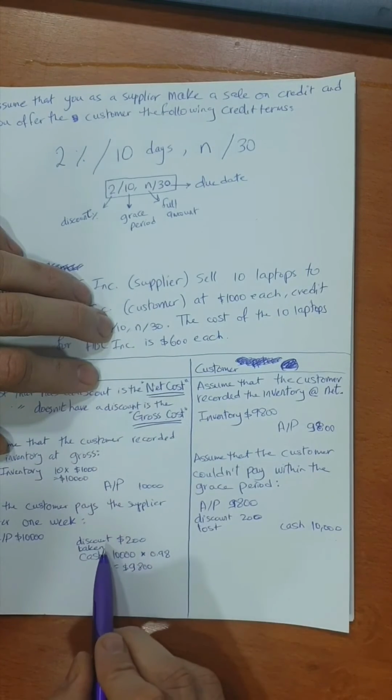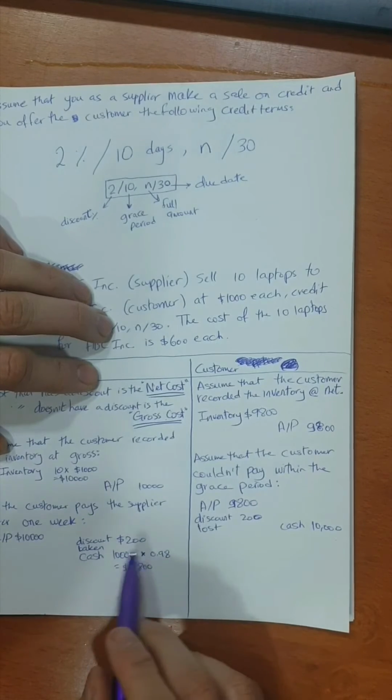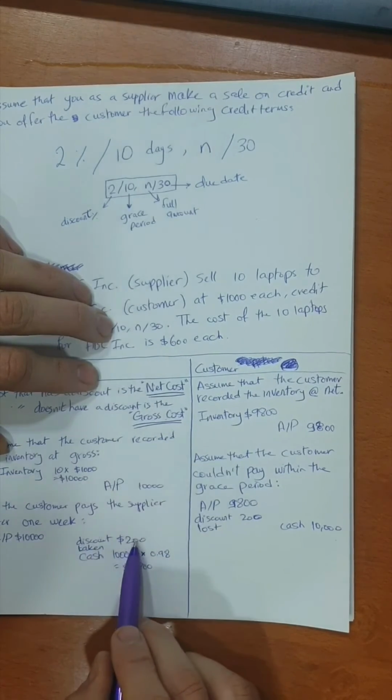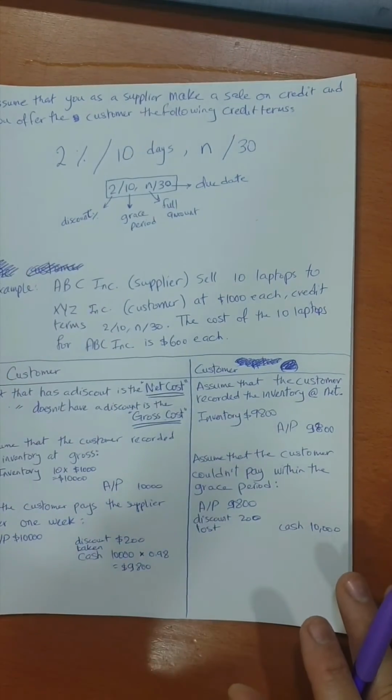On the other hand, discount taken is something favorable for owner's equity, and therefore it increases by credit. Okay, this is everything that has to do with customers.